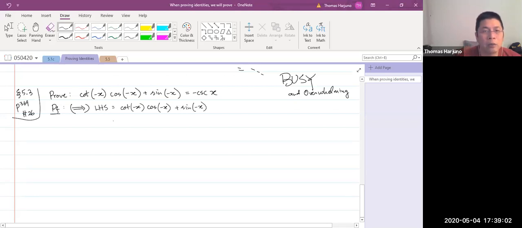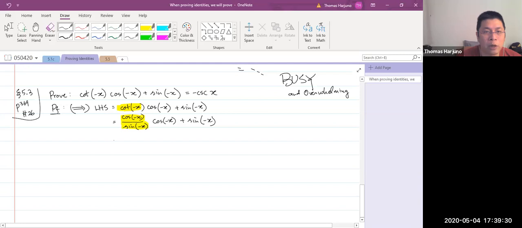Okay, I guess I will do it in cosine negative x over sine negative x, cosine negative x plus sine negative x. That's what I do first. So I change that cotangent negative angle becomes cosine over sine of negative angle.